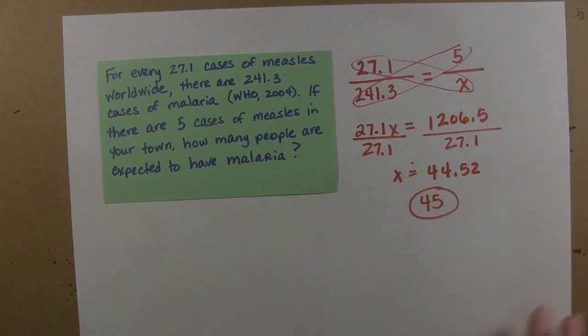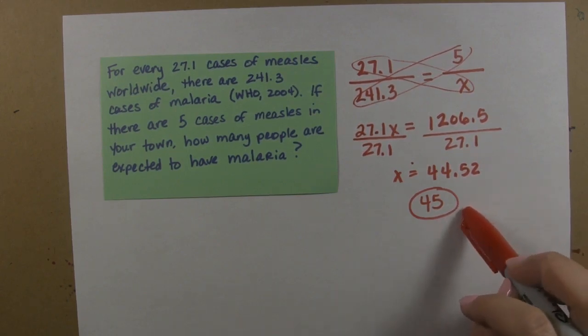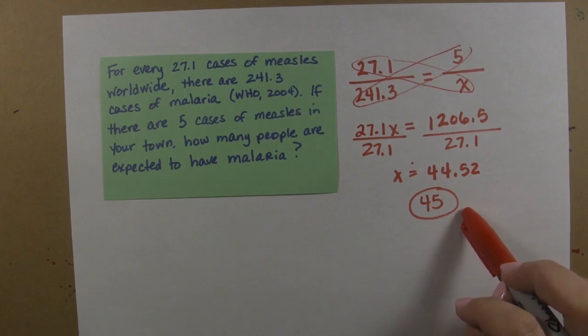Now, this provides us with a wonderful example of how people misuse mathematical concepts. Because if there are 5 people who have measles in your town, do you really think that there are 45 people who have malaria in your town? I sincerely hope that your answer to that question is no, I do not believe that.